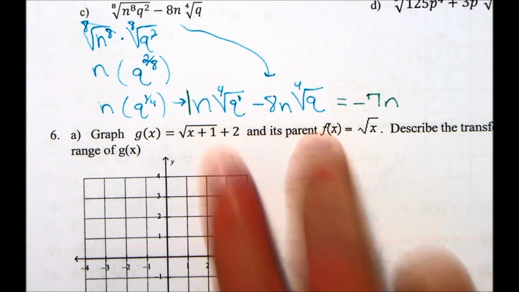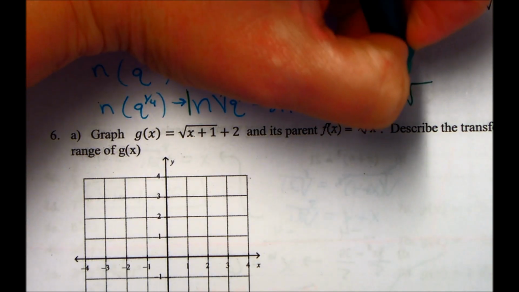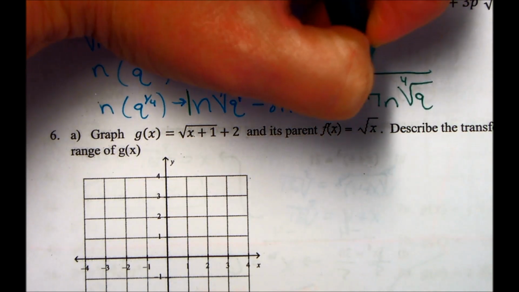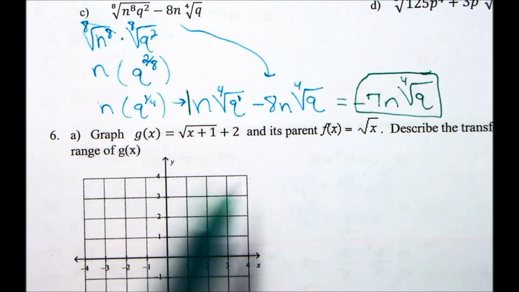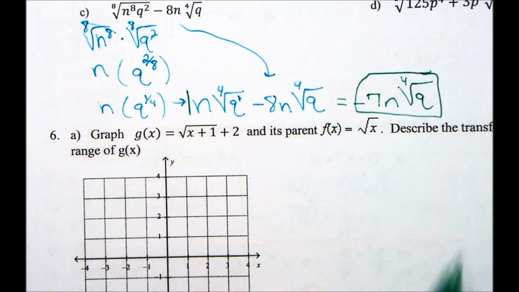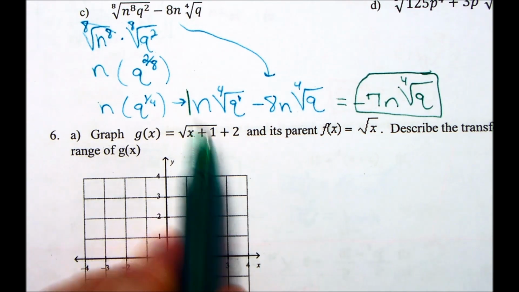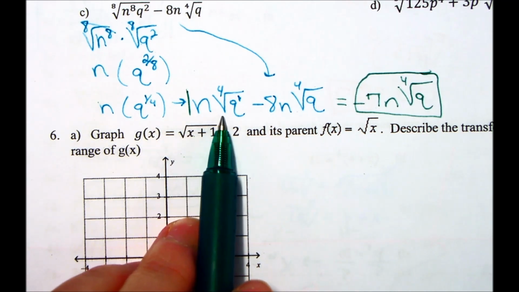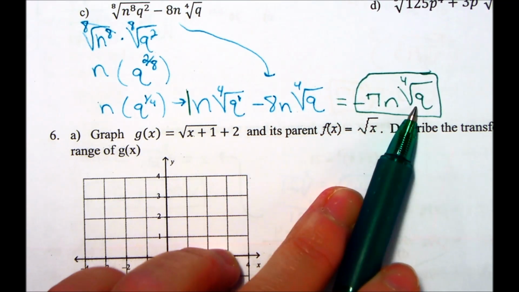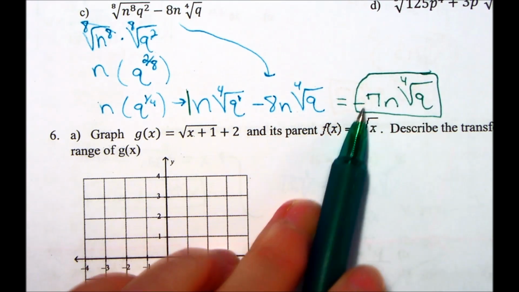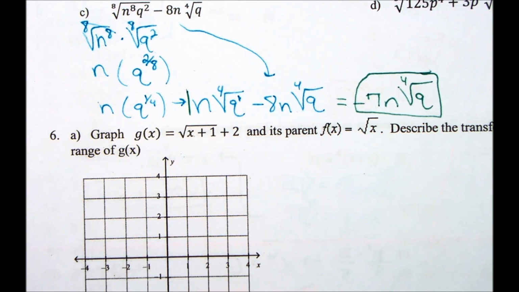And then you still have that fourth root of q as the radical. So it's kind of like if you had 1x minus 8x, you would get negative 7x. Well, if you have 1n fourth root of q minus 8n fourth root of q, you get negative 7n fourth root of q. It looks more complicated, but it's just like adding like terms.